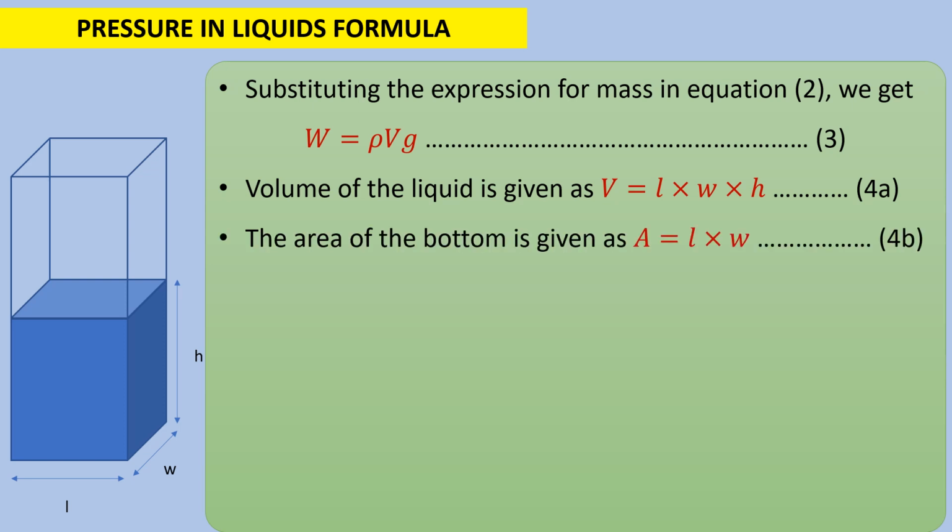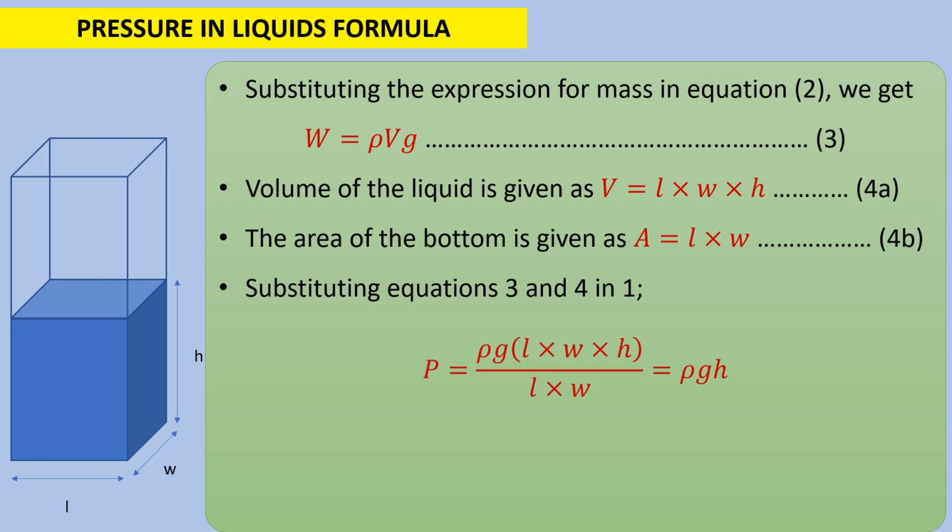The area of the bottom is also given as area A equals length multiplied by width. Now we can substitute the volume and the area in the first equation, which we said equals pressure equals liquid weight divided by area. So this is what we get: rho multiplied by g, then multiplied by the expression for volume, divided by the expression for the area.